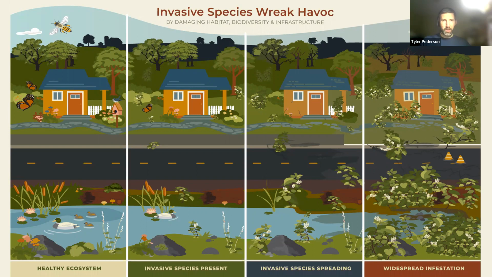As you go all the way over to the far right, you can see how those invasive plants are damaging habitat and biodiversity, reducing the native plants and competing with them. And then they're damaging infrastructure like the foundations around your house. That's why we're trying to control these weeds early on before they can cause all these detrimental impacts.